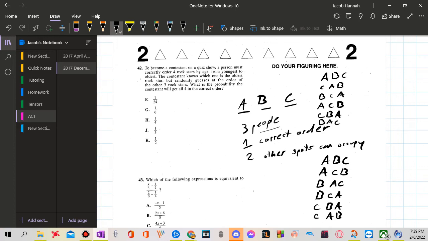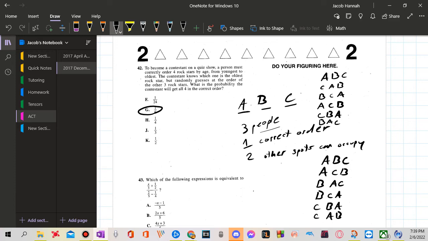And you see how many other spots they can occupy. So if this was 4 people, then this will be 3. So only one of these is correct. There's 6 of these. So if only one of them can be correct, then that means 1 out of 6 of these is correct. So the answer is 1 out of 6.